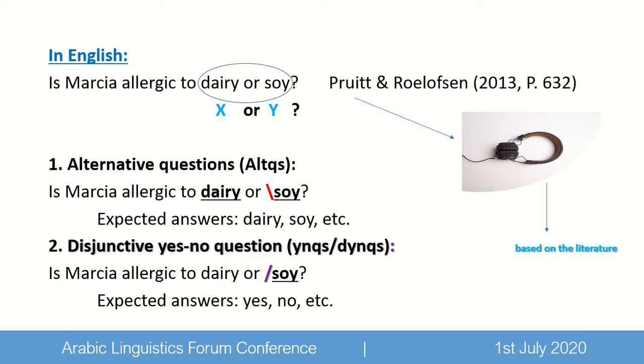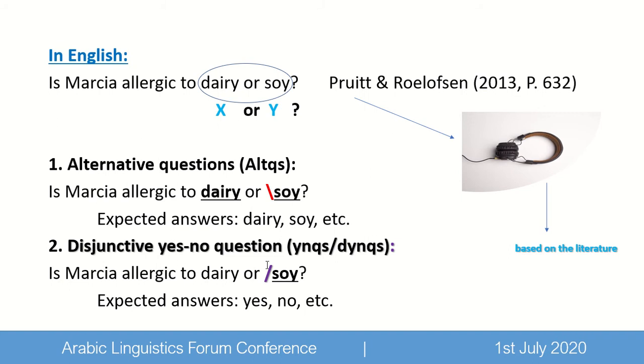Dairy or soy is the disjunctive phrase, the X or Y. They reported that if there is a fall and both disjuncts, the X and the Y, are accented, then this gives us the alternative question reading. So the expected answer would be something like dairy, soy, X, Y.